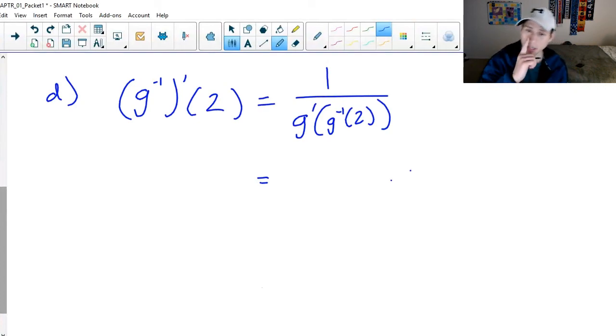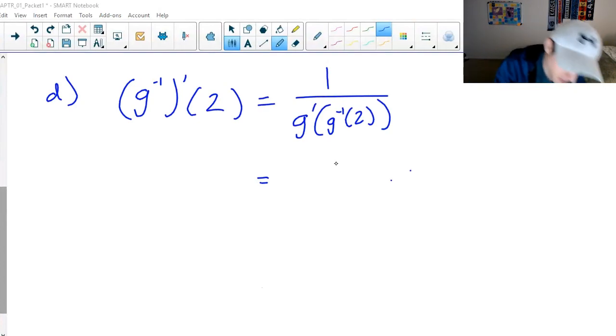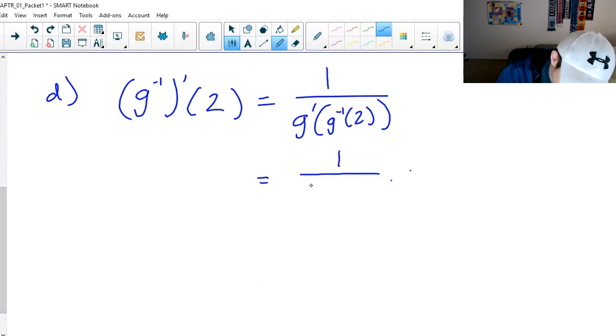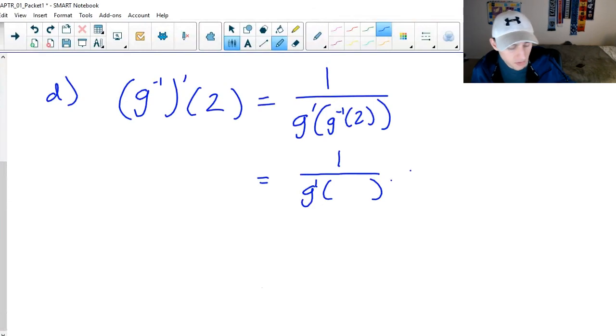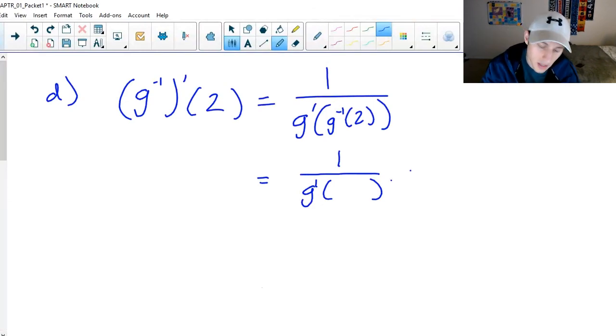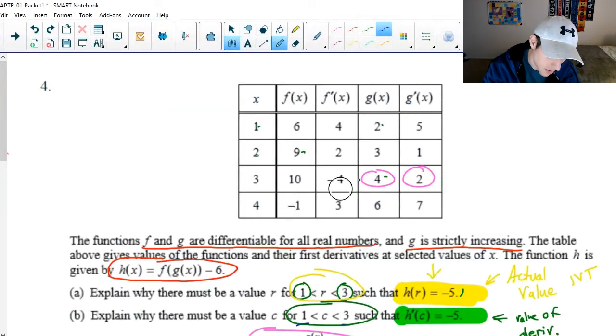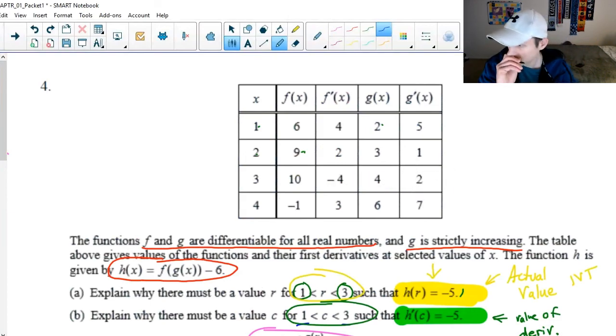Okay, so g inverse of 2, I can figure out that. So I'll leave this other stuff the same for now. So 1 over g prime of g inverse of 2. So g inverse, if I look at this table, I just go backwards. If I wanted g of 2, I would say, okay, g of 2 is 3. But that's not what this is asking. This is asking g inverse, so we kind of have to flip everything.